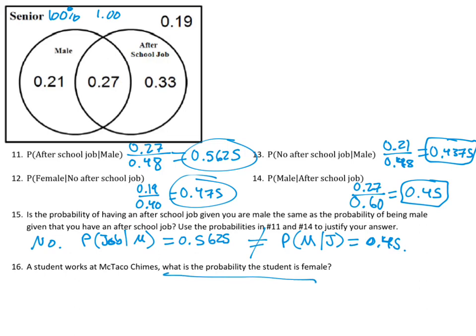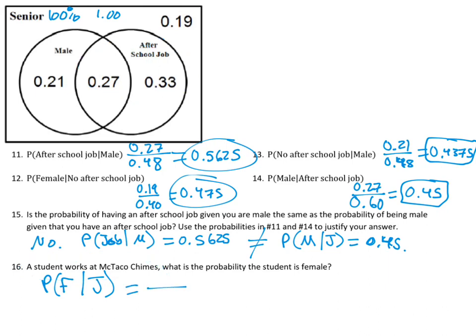What's the probability the student is female? So really we're looking at what's the probability of female given they have a job. What's the probability they're female given they work at McTaco Chimes? And so we're going to look at, well, what's the probability that they work somewhere?